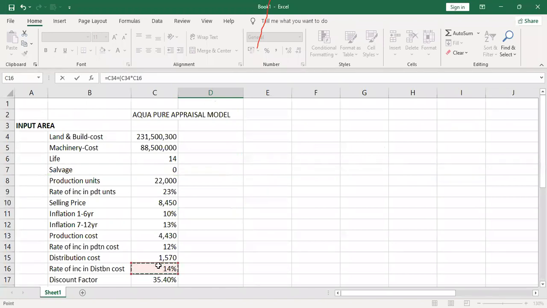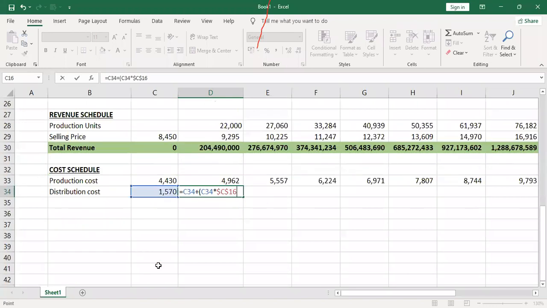You press Fn, F4 to fix that cell, close the bracket, and then press enter.